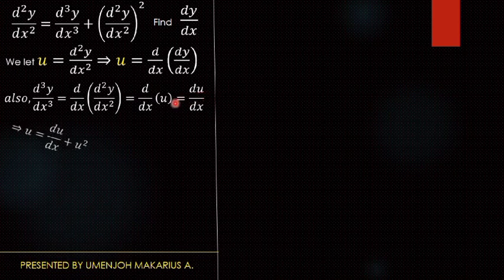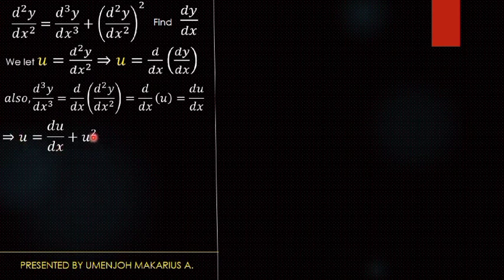That therefore means that I'm going to substitute everything I have in the equation. My d squared y by dx squared is simply u, then my d cube y by dx cube is simply du on dx, then d squared y by dx squared is u, then squared. So this is exactly what we're going to have now.